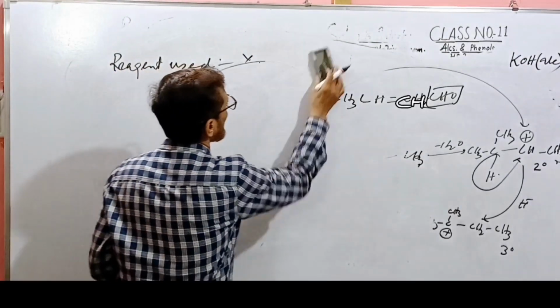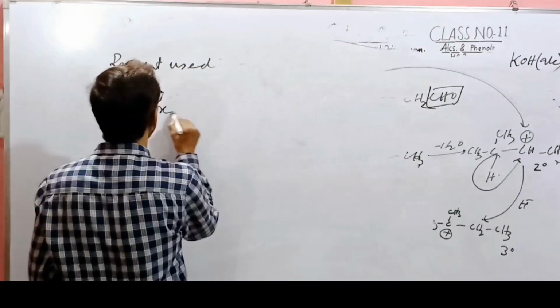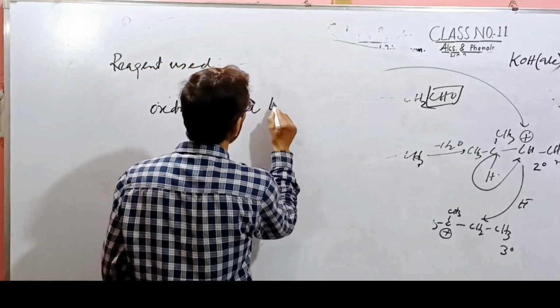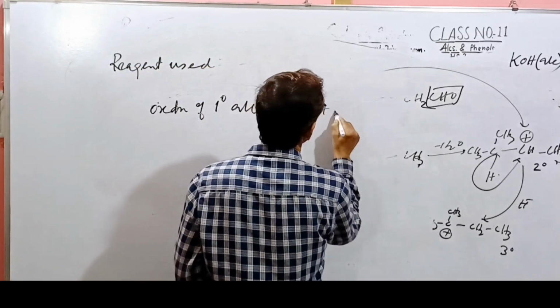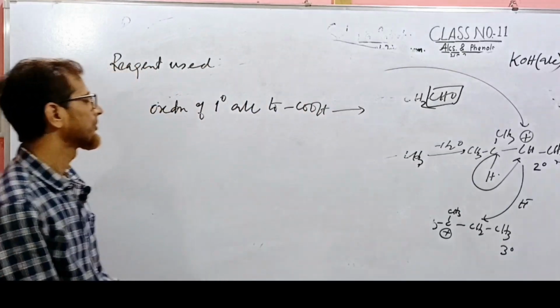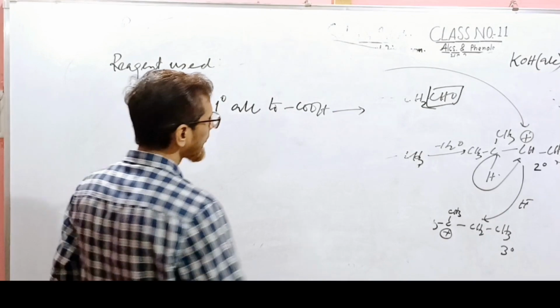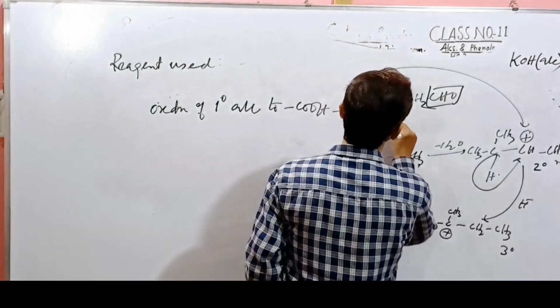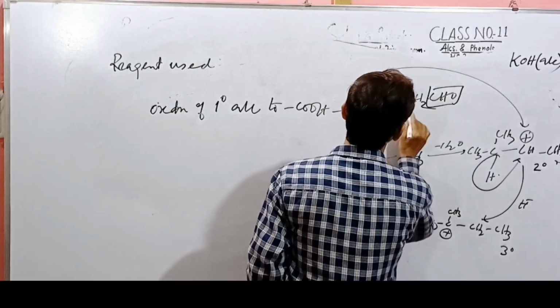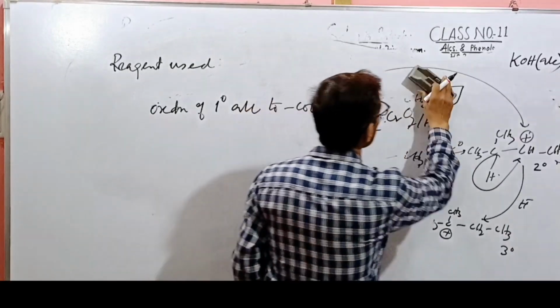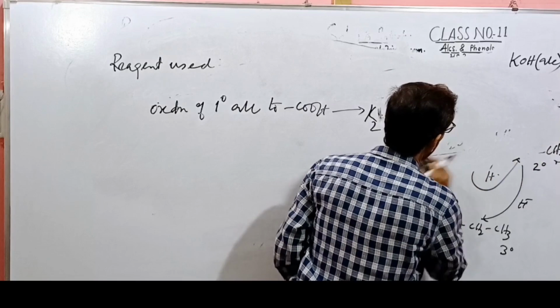Now, what is the question of your text? Oxidation of 1 degree alcohol to carboxylic acid. Very simple. K2Cr2O7 in presence of acid.